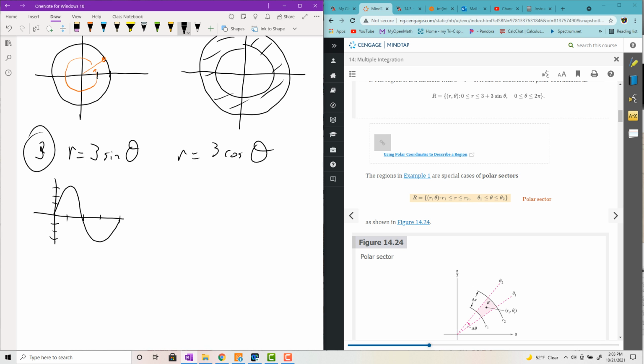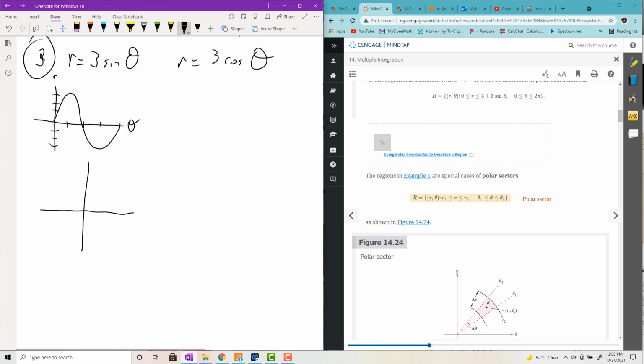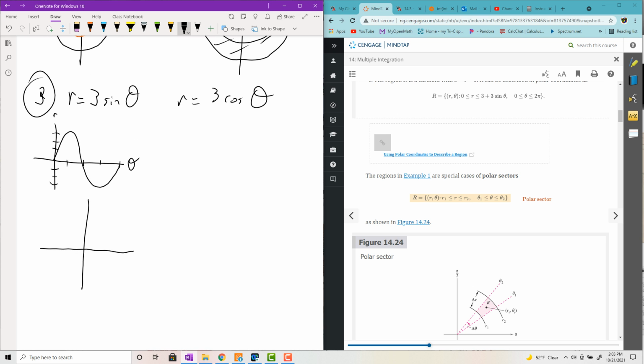Okay, so this is the theta r plane. But in the xy plane, I draw out these little concentric circles to help me count on the r direction, whichever direction I'm going in. And then the angles are rotations, right?